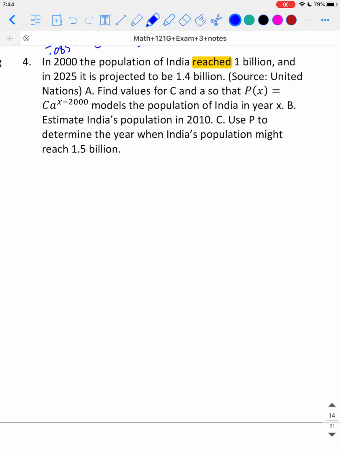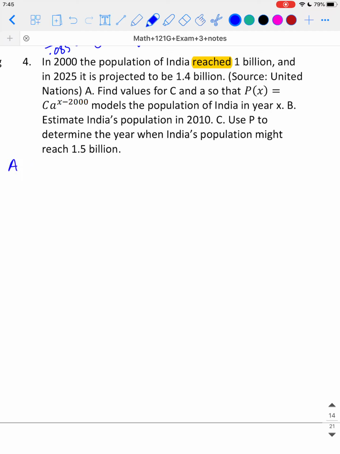Part A says find the values for C and A so that P of X is equal to C times A to the X minus 2000. And that equation is going to model the population of India in year X. Part B is to estimate India's population in 2010 and use the equation P to determine when India's population might reach 1.5 billion.